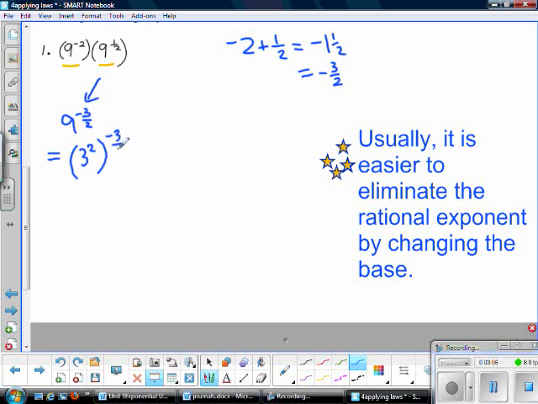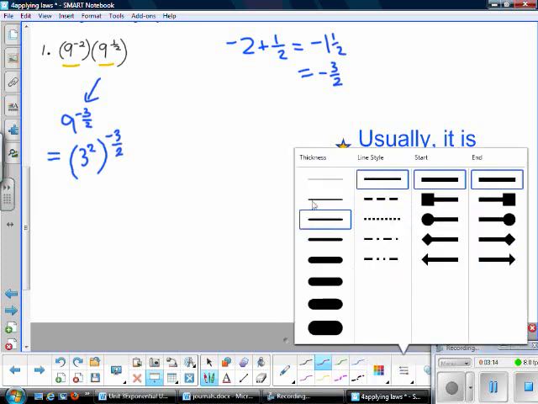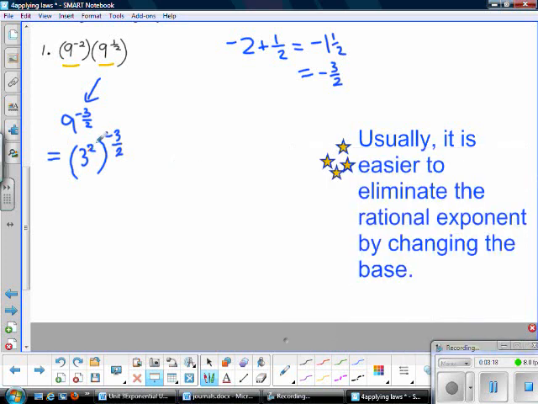The reason I did that is 2 times -3/2 ends up that my exponents, I'm going to have some canceling out here. 2 goes into itself once, 2 goes into itself once, and I'm actually left with 3 to the power of -3. So it actually is kind of cool how that worked.